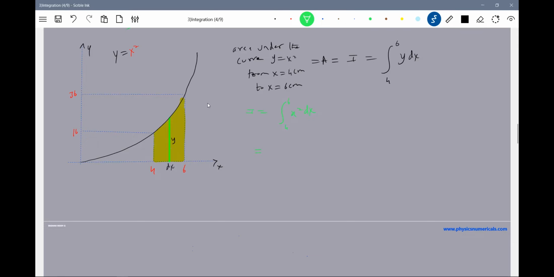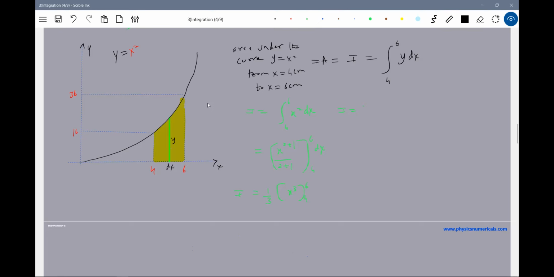Solving this with the power rule, x to the power of 2 plus 1 by 2 plus 1, 4 to 6. So I is equal to 1 by 3 x cube, lower limit 4, upper limit 6.